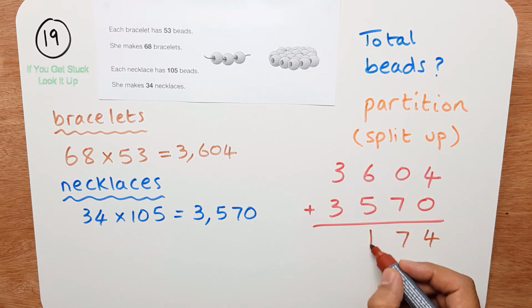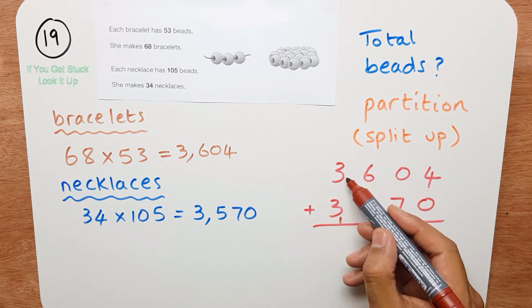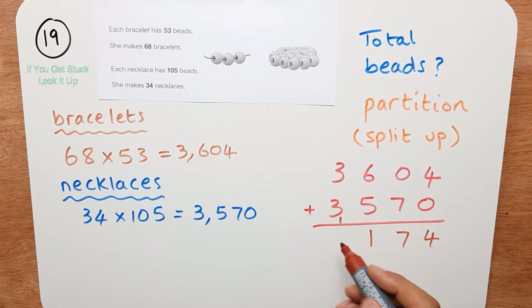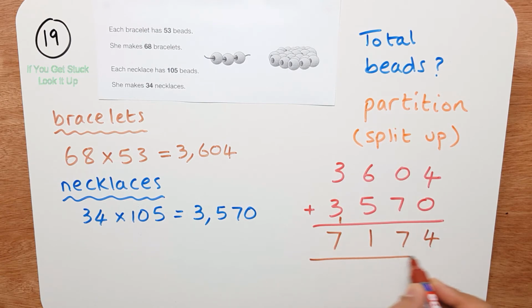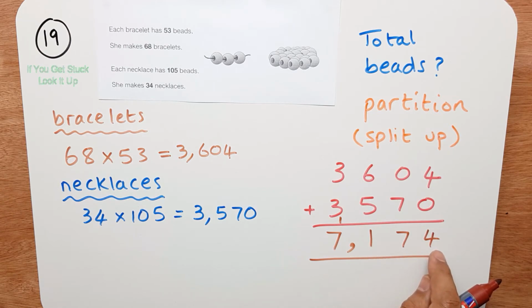So I put the 1 down and I carry the 1 over to the next column. 3 add 3 is 6, plus the 1 I've carried over is 7. As before, 1, 2, 3, comma. So this is your thousands, so it's 7,174 beads.